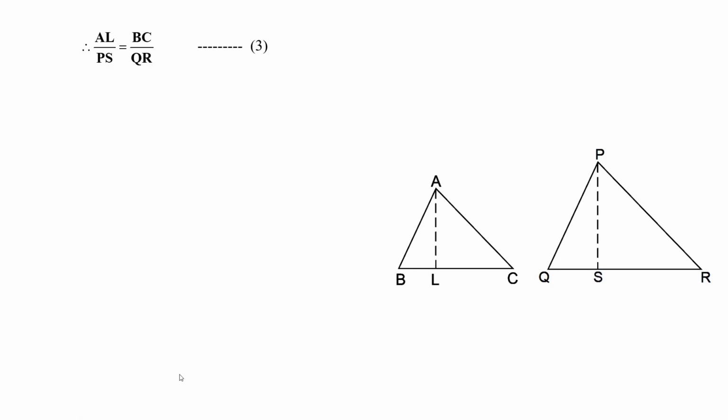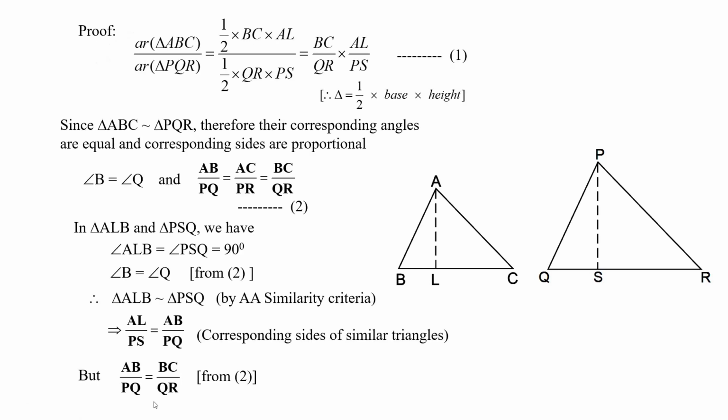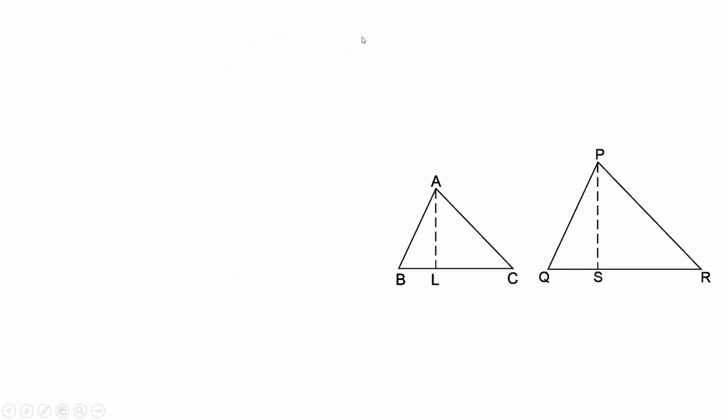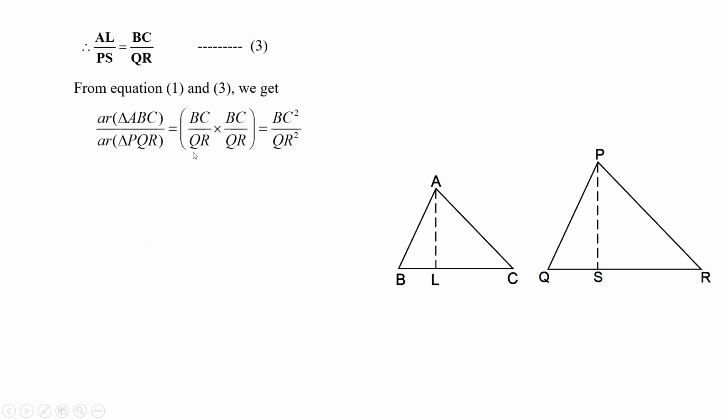Okay, is this clear? Now look at the first equation: in place of AL upon PS, what can we write? BC upon QR. So from equation 1 and 3 we'll get BC upon QR into BC upon QR, that will be equals to BC square upon QR square.